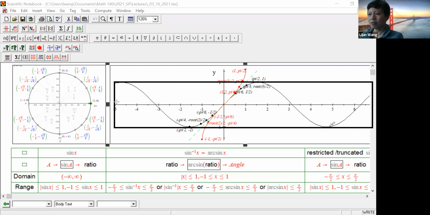For the black curve, you cannot box it horizontally because it keeps going. Let me get the arrow that works for me. In this direction, it keeps going, so that's negative infinity.